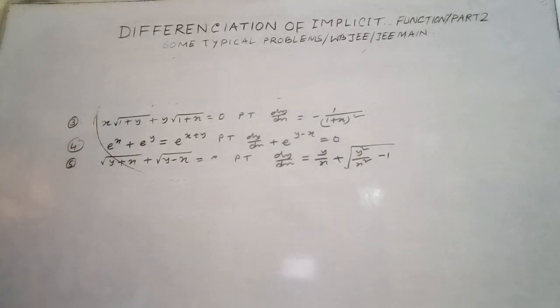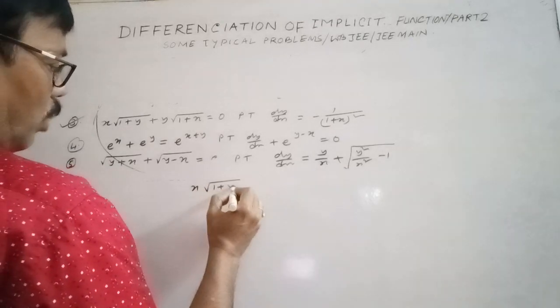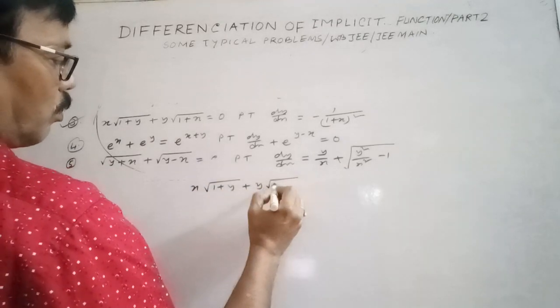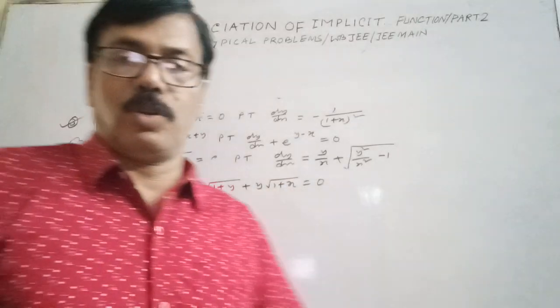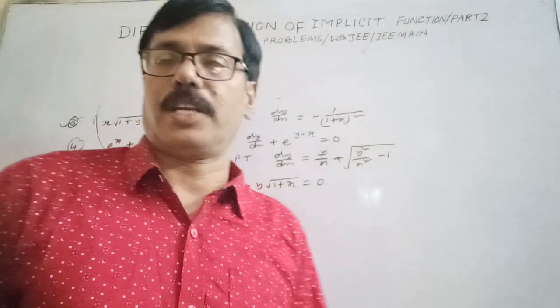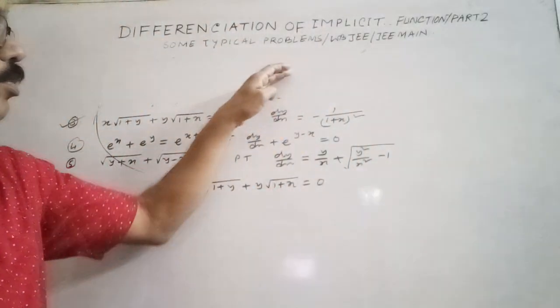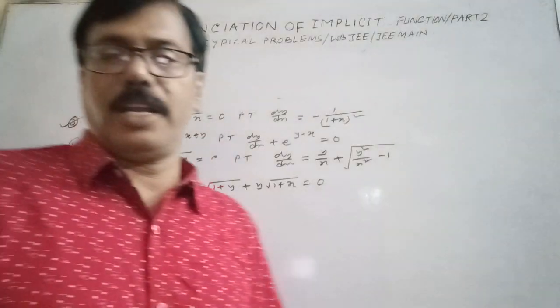Now, problem number 3. x into root over y, 1 plus y into root over 1 plus x equals to 0. So look, dy dx equals to 1 by (1 plus x) whole square. So dy dx is in terms of x only.